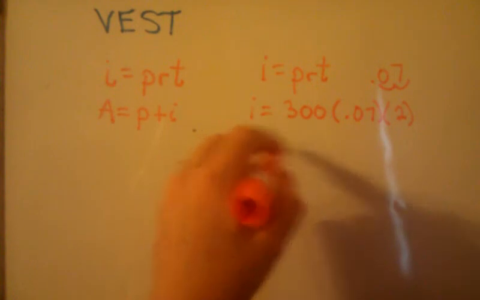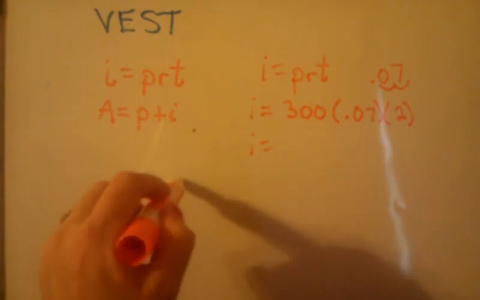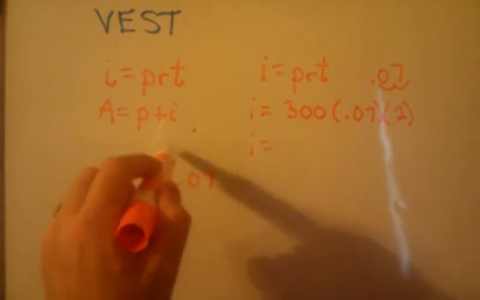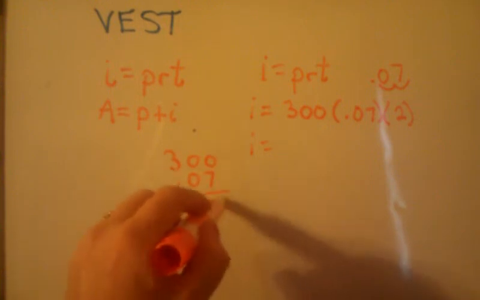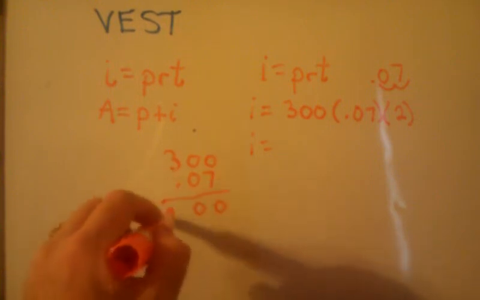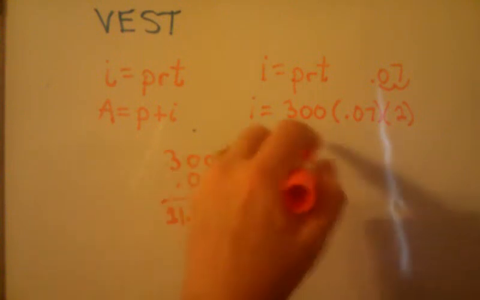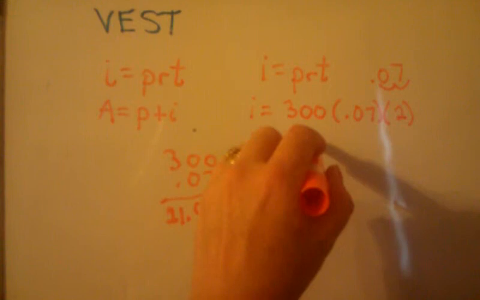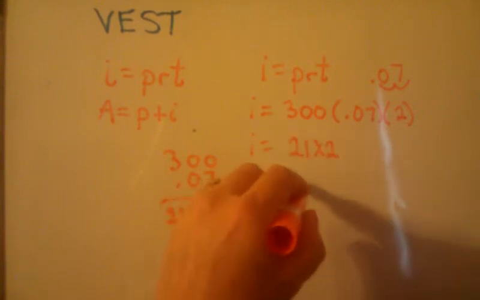So I have to multiply these numbers together. I equals 0.07 times 300, 21. 21 times 2, so I equals 42.